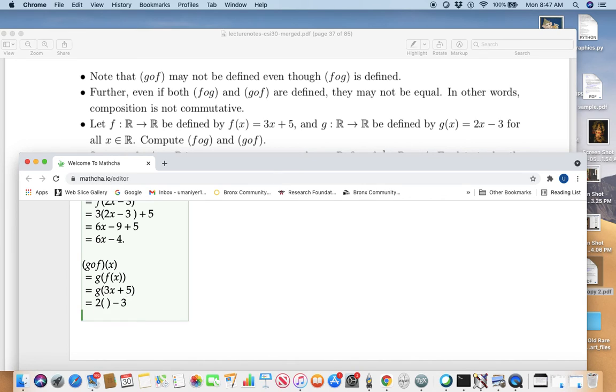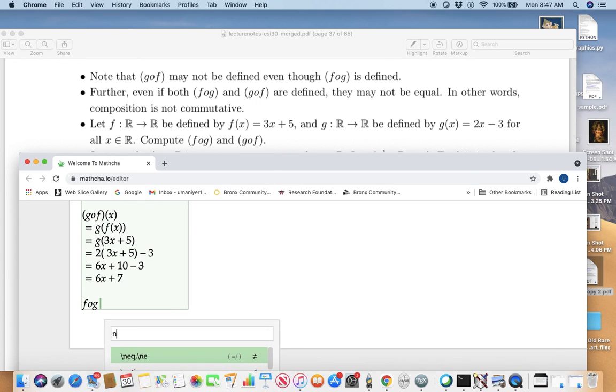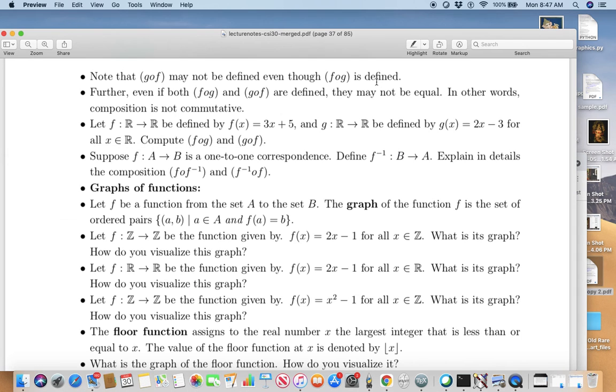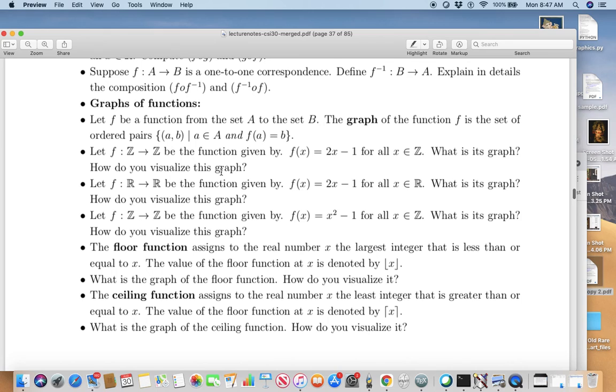So what is the argument inside? 3x plus 5. This is 6x plus 10 minus 3. That is 6x plus 7. So notice, f of g is not equal to g of f. Okay. So let's continue in our next video.